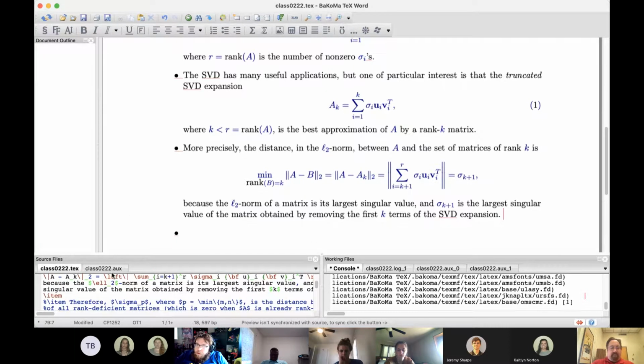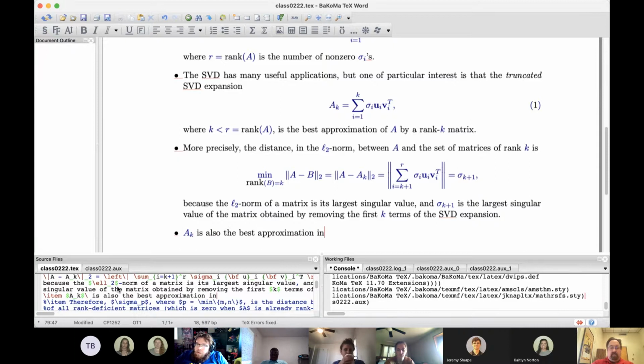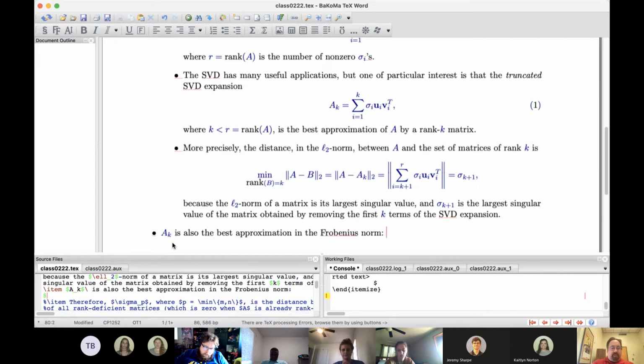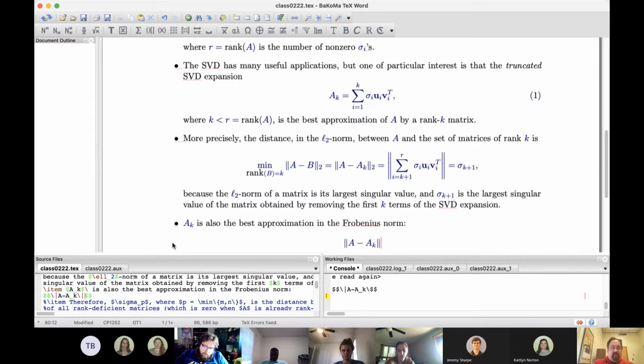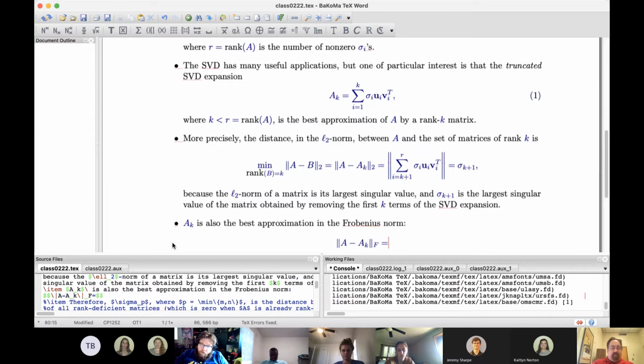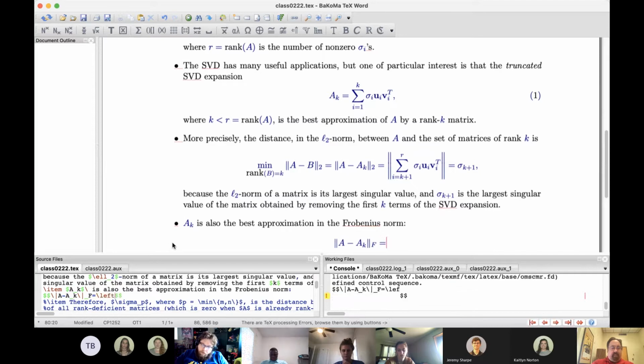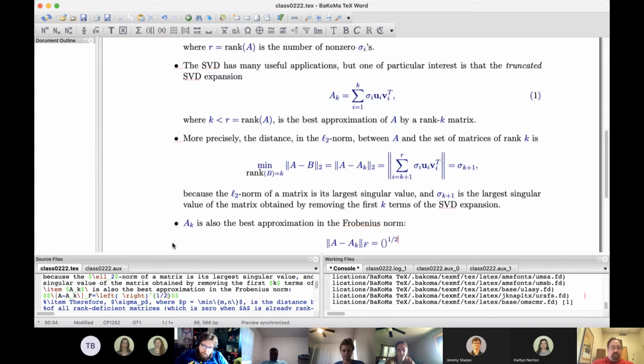There's one additional statement I can make about A_k. It's not just the best approximation in the 2 norm, but also in the Frobenius norm. And I can tell you what the error is in that case too. So the Frobenius norm of A minus A_k is also related to the singular values.